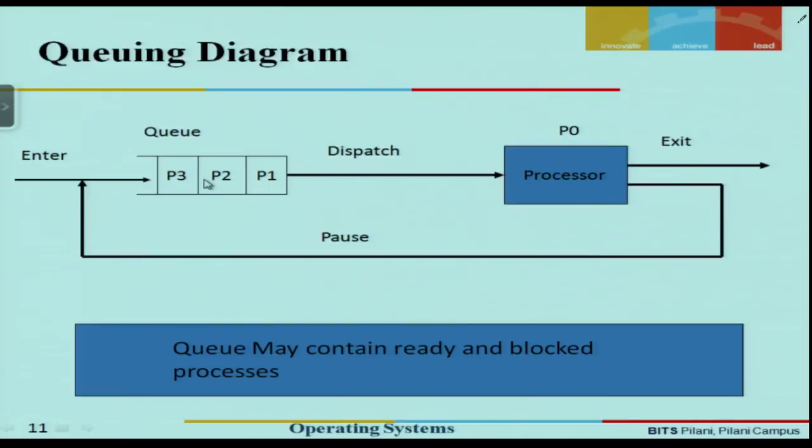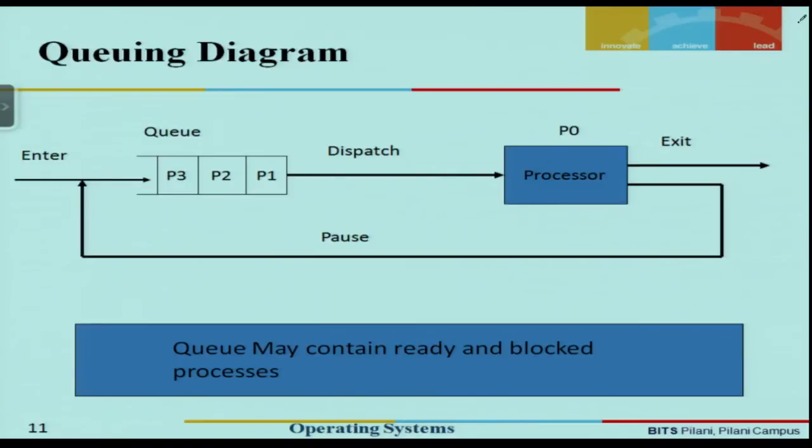There are two conditions in which the process would return back to the queue: one, when it makes an IO service request, or two, when the time slice for the executing process expires. The second case is a simple case where the time slice expires, so it comes and joins the queue.